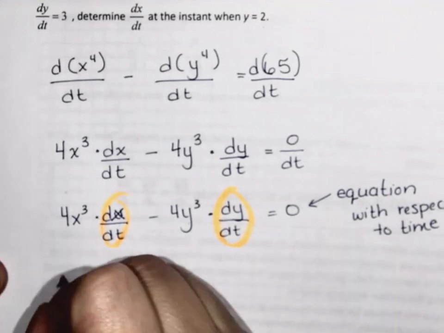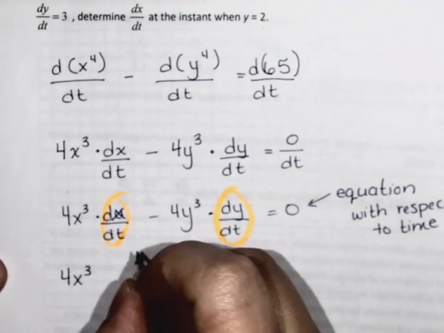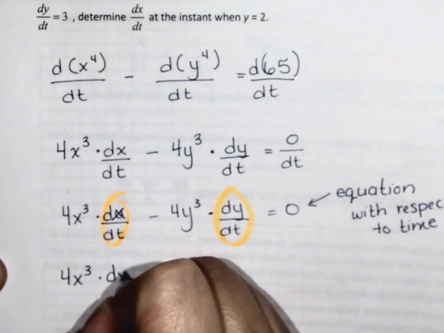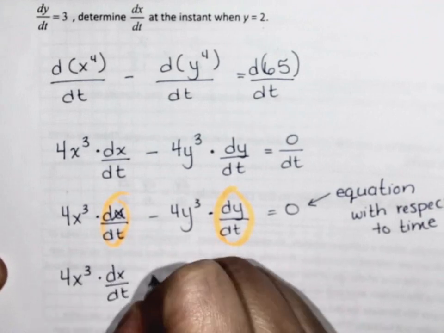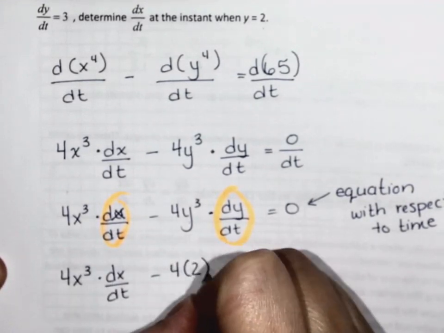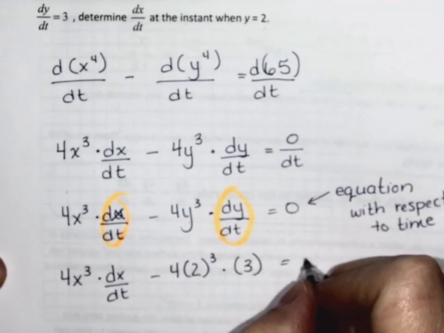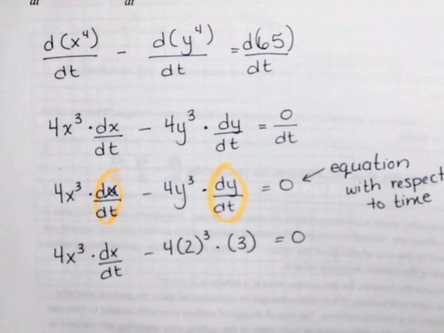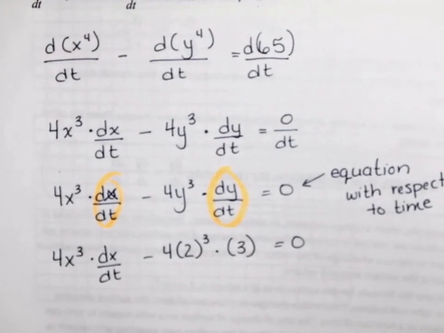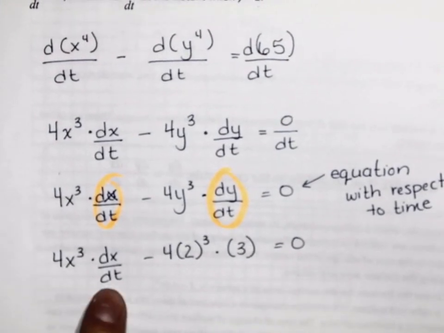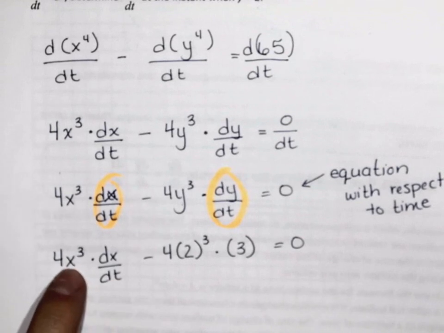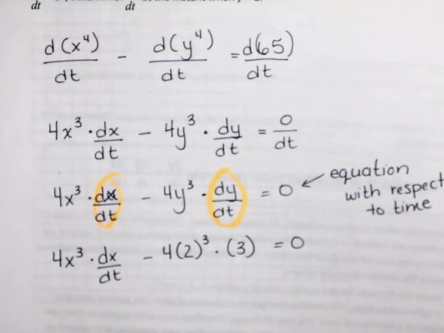So even if we subbed in all the information that we knew, we're still missing x. We're trying to solve for this, so we need to know x in order to do it. We have too many variables at this point.